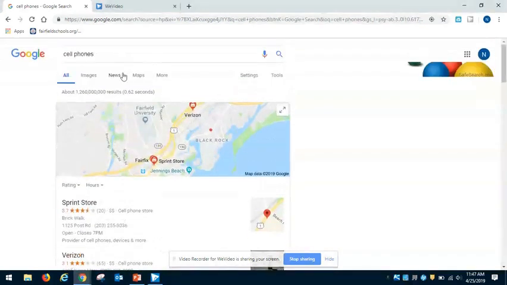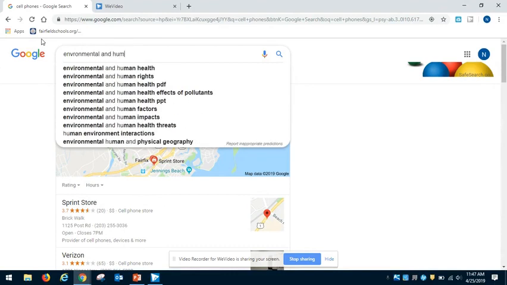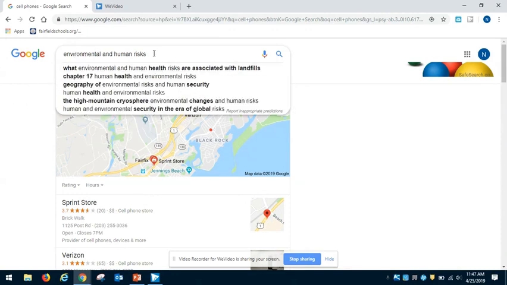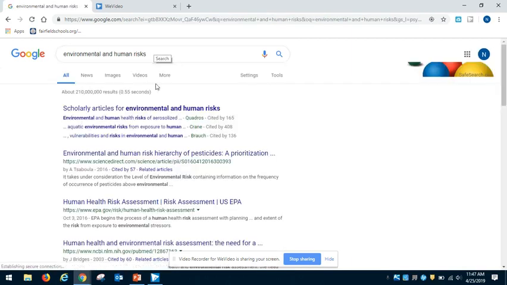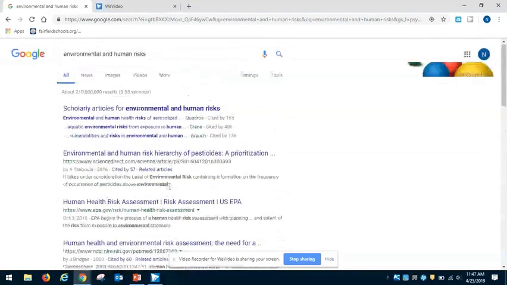I can also go to the other part of the question and type in environmental and human risks, and I get all the environmental and human risks. Again, 210 million. So in this project, you're going to have to really combine keywords to get good results.